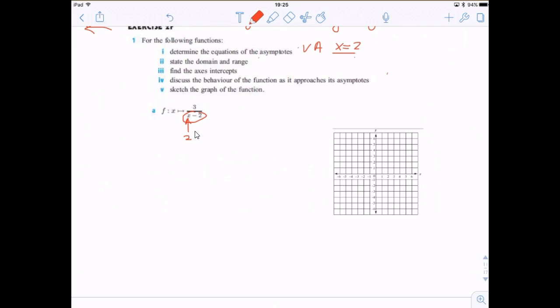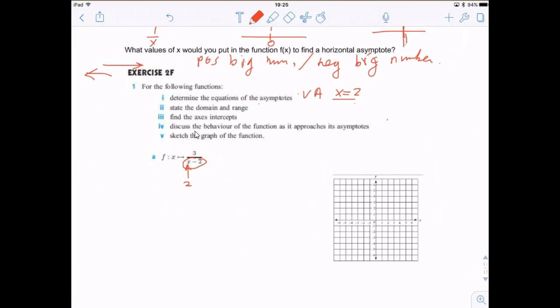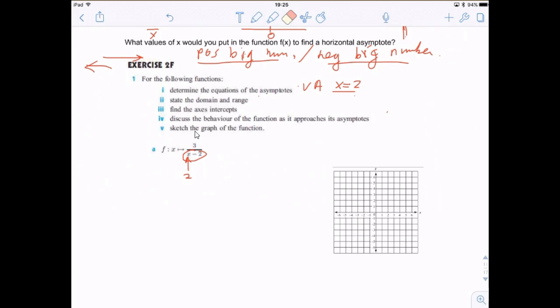Well, let's see. Remember, we just said that the way you would find a horizontal asymptote is to put a positive big number in the equation and a negative big number in the equation, and see what number that function approaches. So we have the function 3 over x minus 2, and the first thing we're going to do is put a positive big number in for x.